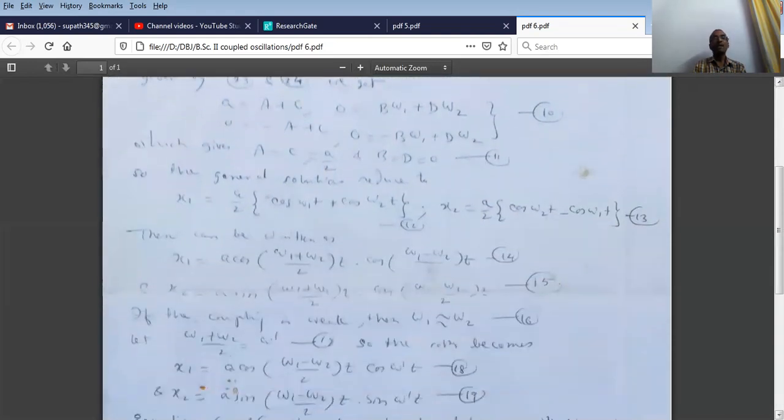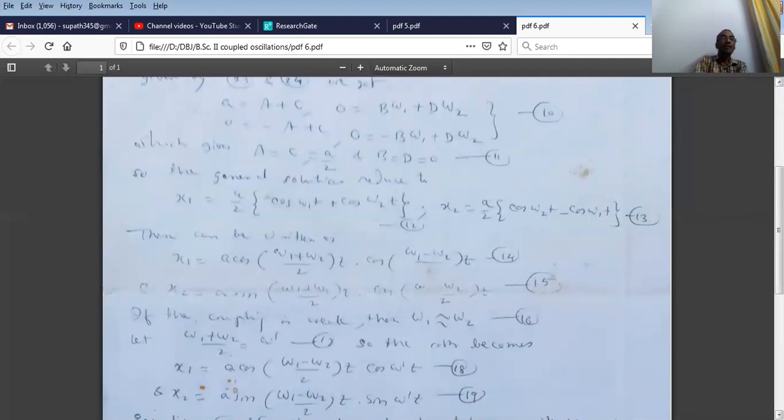This one. x1 equal to a by 2 (cos omega 1 t plus cos omega 2 t) bracket complete, x2 equal to a by 2 (cos omega 2 t minus cos omega 1 t). Equation number 30.